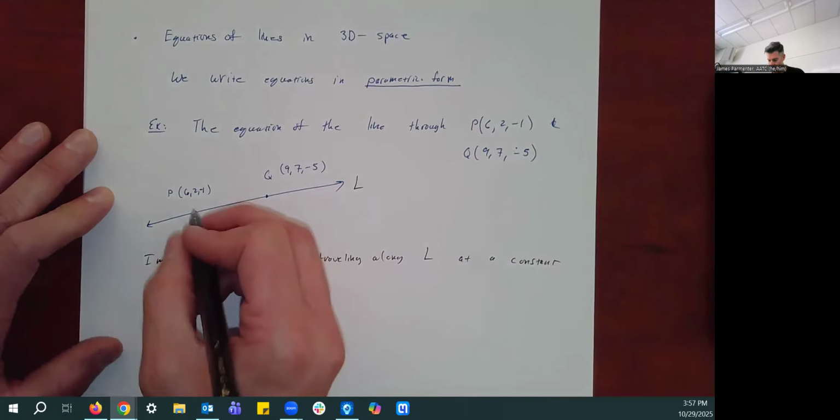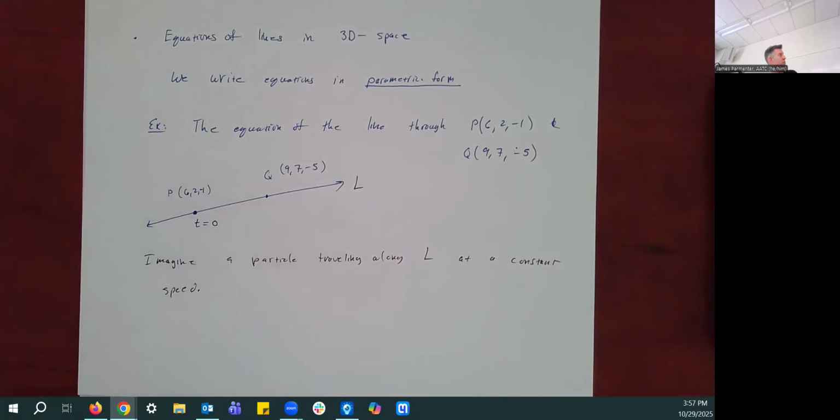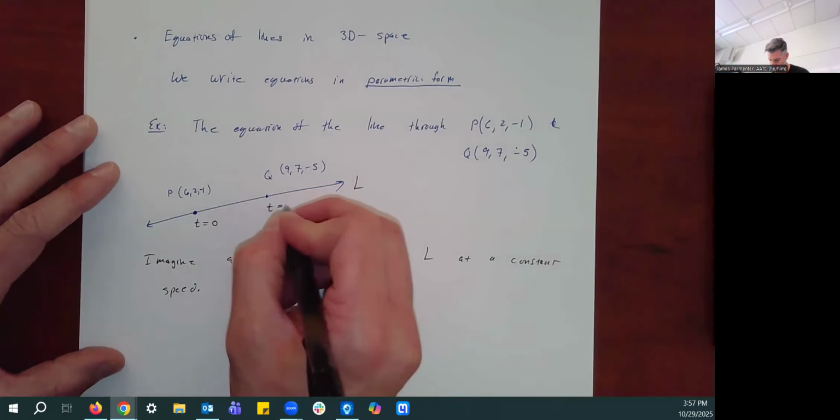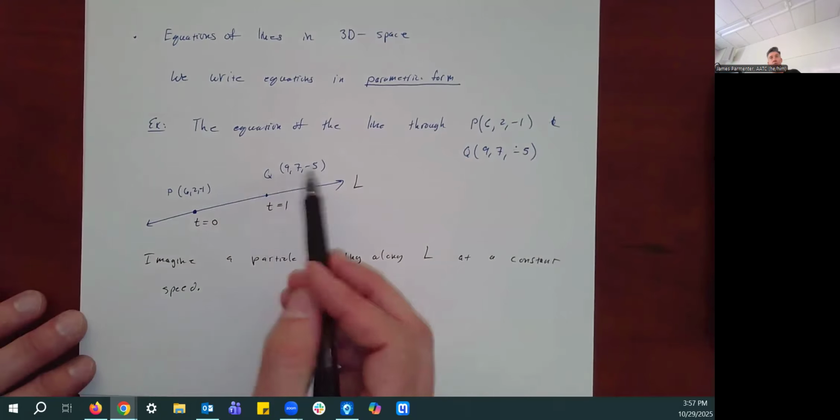So let's say right here is when it's at time equal to 0, it's at the point P. And then 1 unit of time later, it could be 1 second or whatever you want to think of, it doesn't really matter what the units are, it's over here at the point Q.